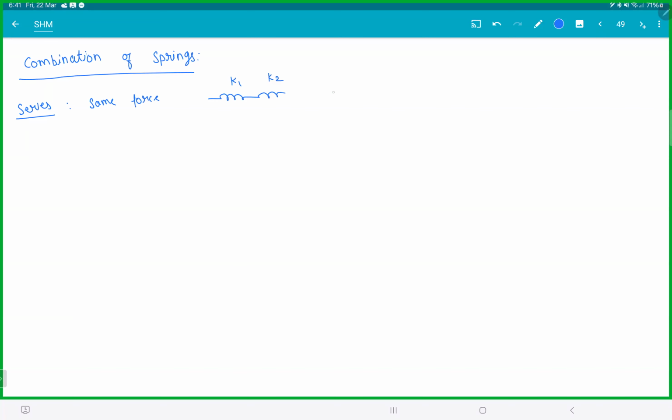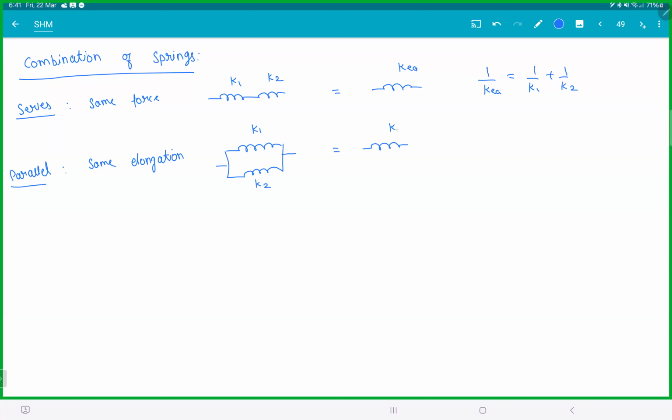K1, K2 can be replaced by one spring K equivalent. 1 by K equivalent is 1 by K1 plus 1 by K2. Springs in parallel have the same elongation. K equivalent is K1 plus K2.